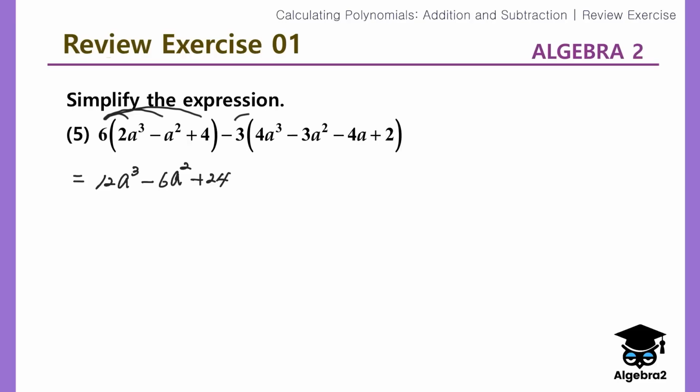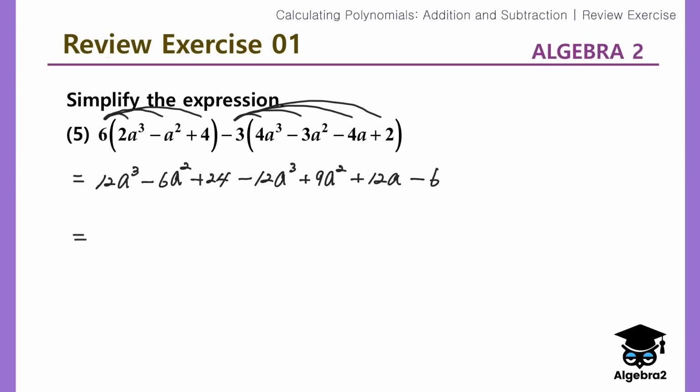Minus 3 times 4a cubed, that's minus 12a cubed. Minus 3 times minus 3a squared, that's plus 9a squared. Minus 3 times minus 4a, that's plus 12a. Minus 3 times plus 2, that's minus 6.